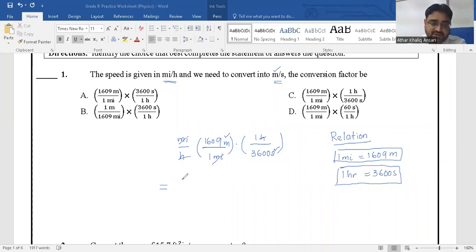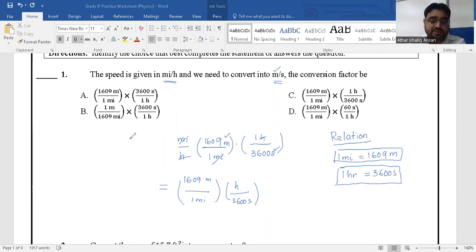So for this one I will get 1609 meters over 1 mile, which will multiply to hour over 3600 seconds. So this will give me the conversion of my miles per hour to meters per second.